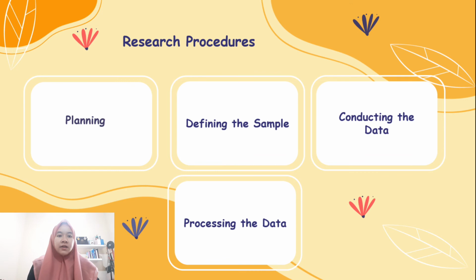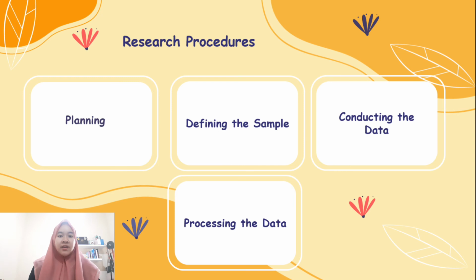And this slide discusses our research procedures. There are 4 points. The first is planning, second is defining the sample, third is conducting the data collection, and the last is processing the data. In the planning point, the researcher will look for information and make goals for designing the questionnaire.